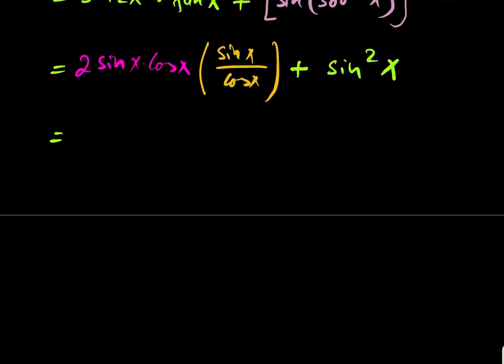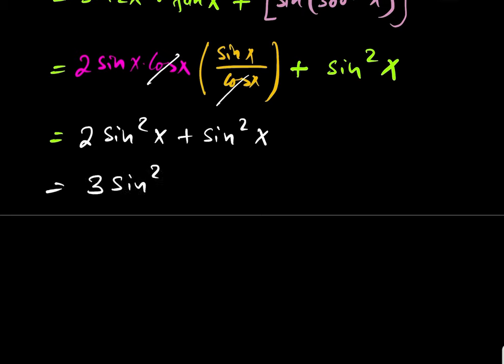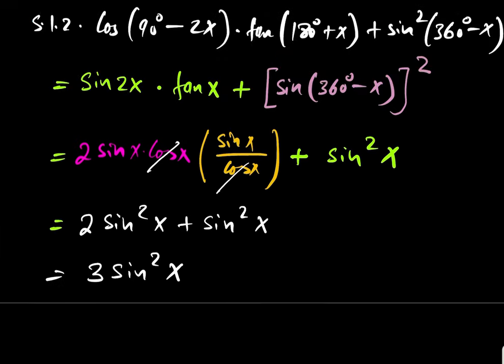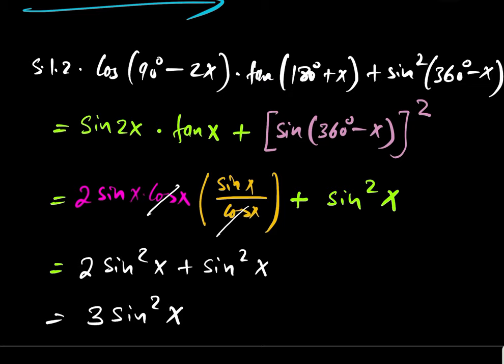This cos x and this cos x are going to undo each other, and then you are going to be left with 2 sine times sine, which is sine squared of x, plus a sine squared of x, and that as a result is going to give you 3 sine squared of x. These are like terms, so they amount to 3 sine squared x, because this is twice and this is just single. When you add them, they are going to give you 3 sine squared of x. This is how you are going to simplify that without the use of a calculator.